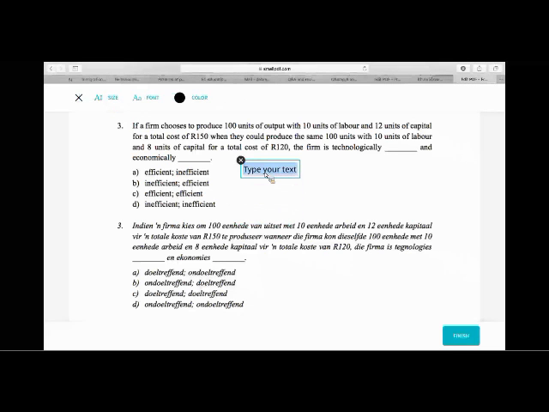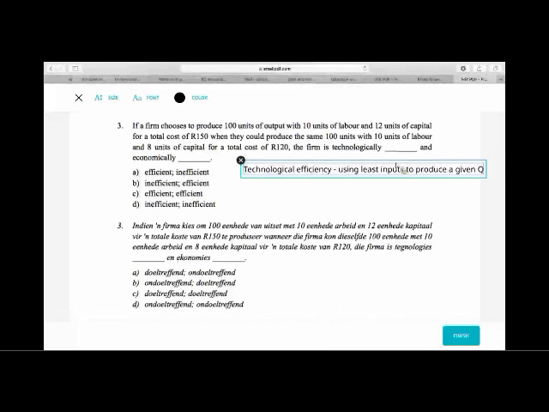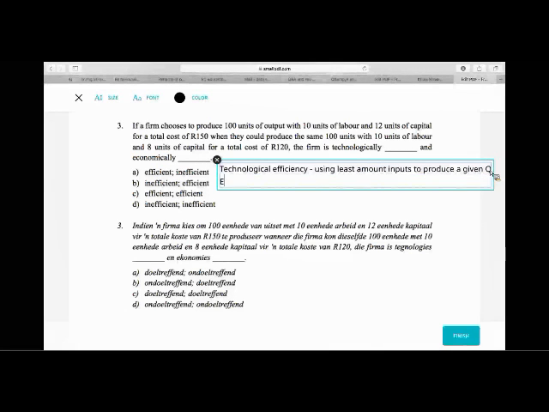So the definitions of these two terms: technological efficiency means that you are using the least inputs to produce a given quantity, whereas economic efficiency means that you are producing a given output at the lowest cost.